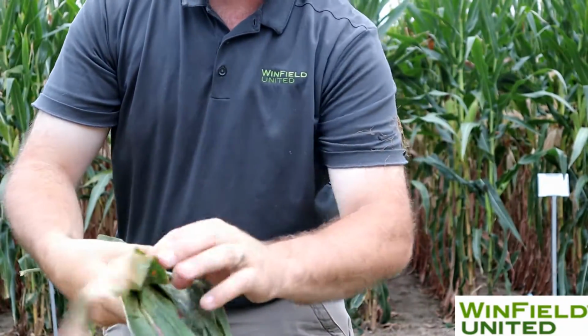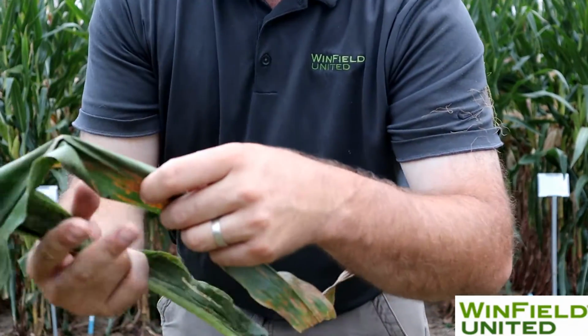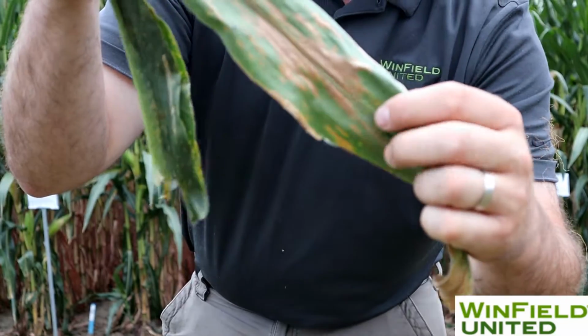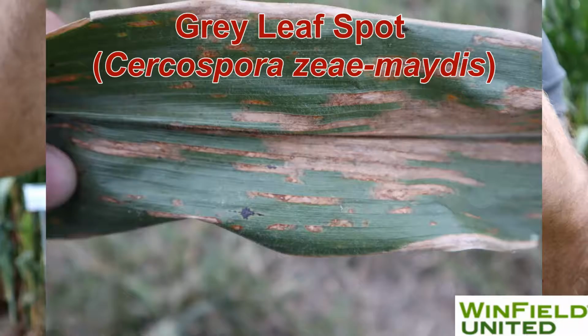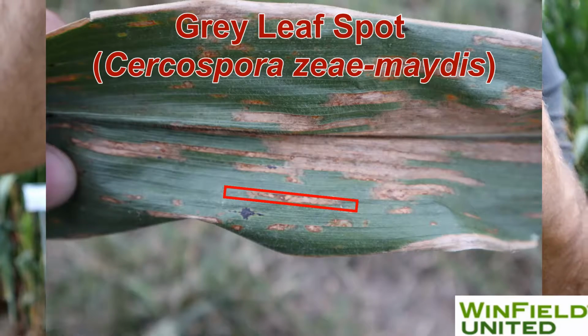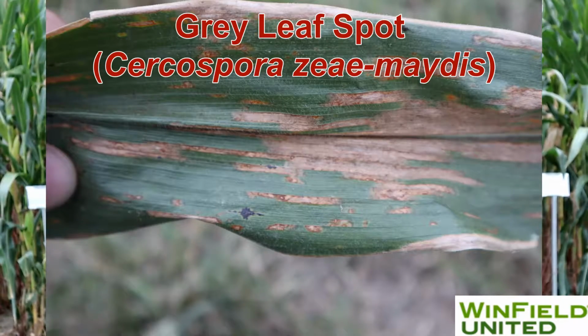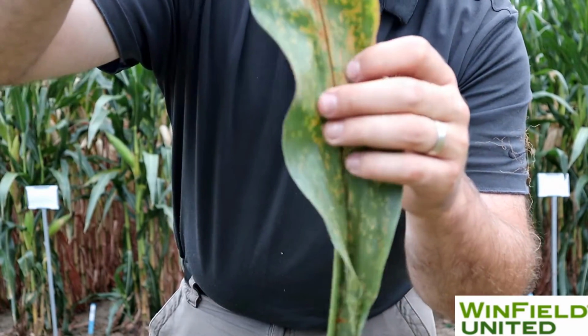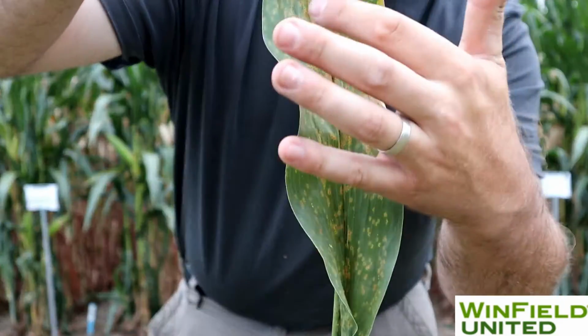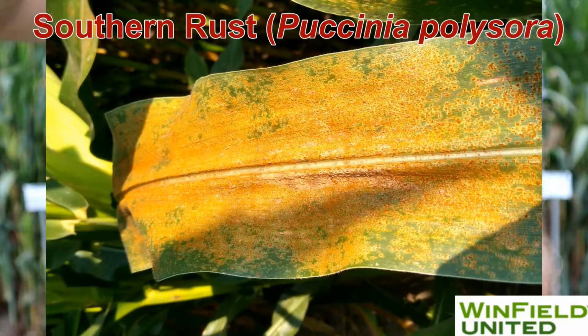Another would be that of gray leaf spot, probably the most common disease that we see through the Midwest for being problematic, signified by rectangular narrow lesions. Another would be that of southern rust, a somewhat newer disease to the state of Wisconsin, but a light orange pustules that covers the plant.